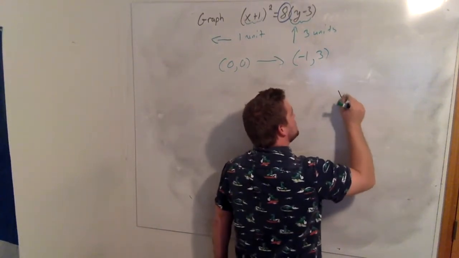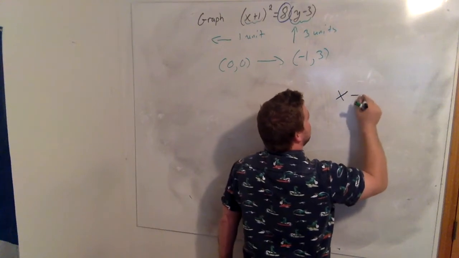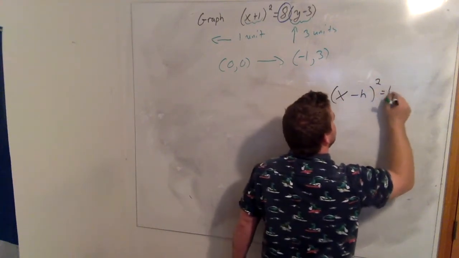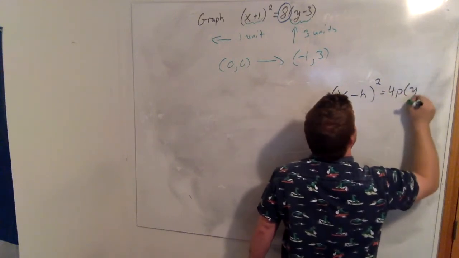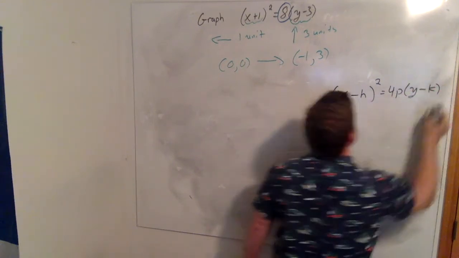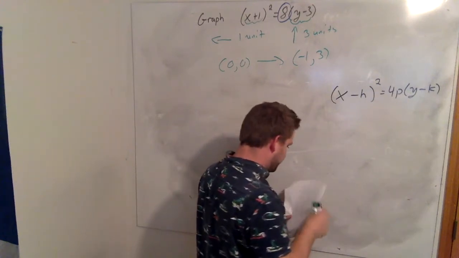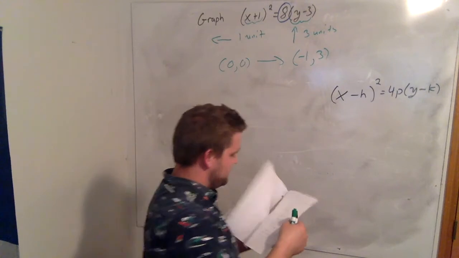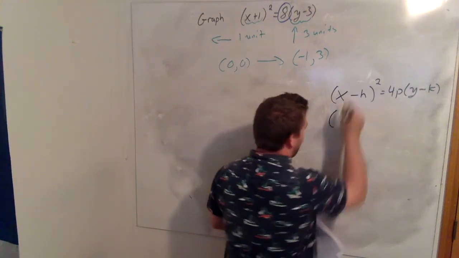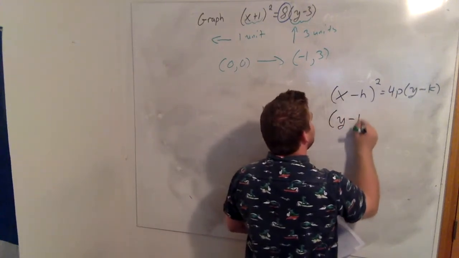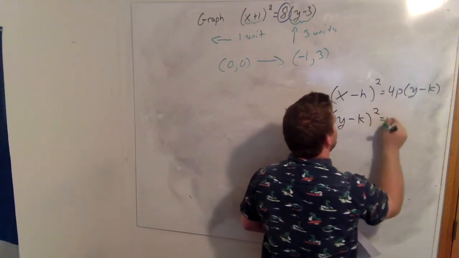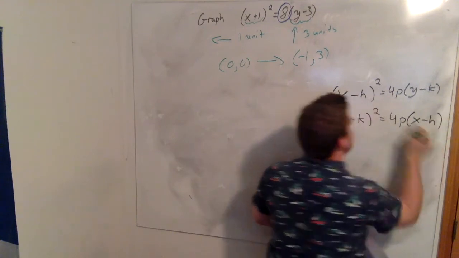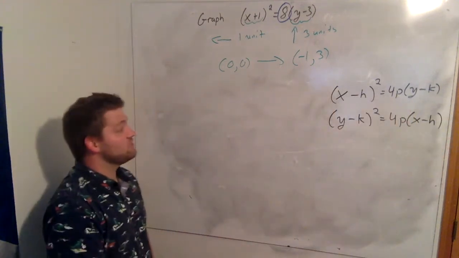It'll be x minus h squared equals 4p times y minus k. Or y minus k squared equals 4p times x minus h. These are the two versions of a shifted parabola.